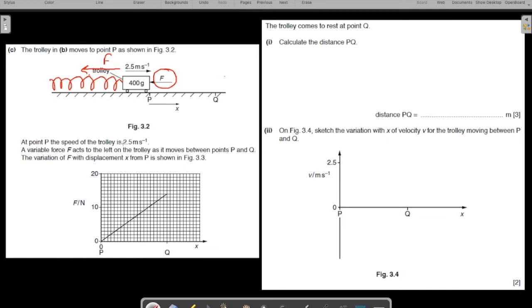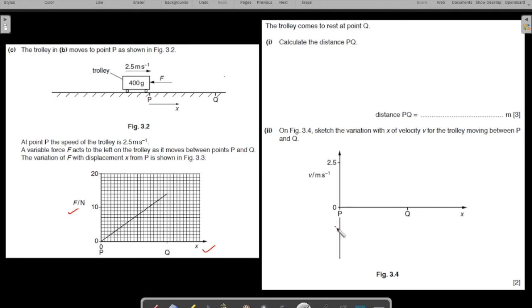There can be some other scenarios. It is pushing it backwards, right? Similar kind of situation. So you can apply your understanding of springs, of force versus extension. The same principles you can apply here to work out the questions which are given later on as you proceed through this question.